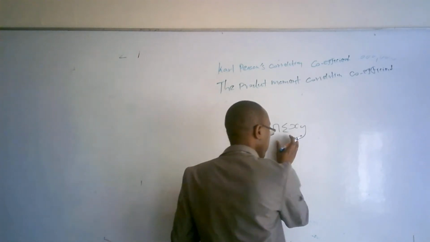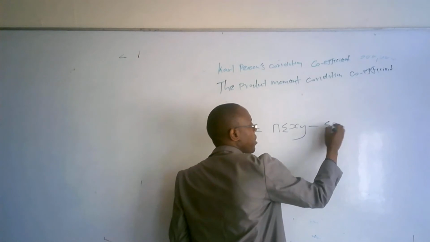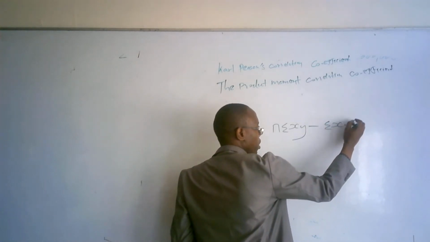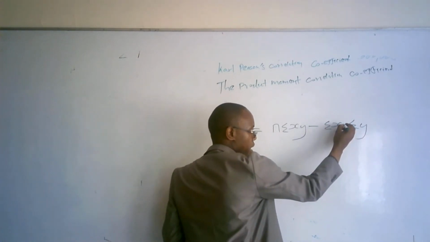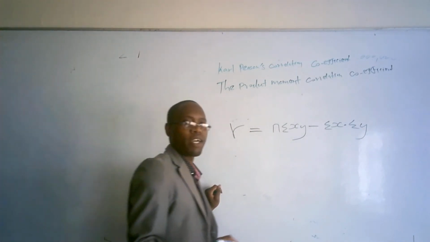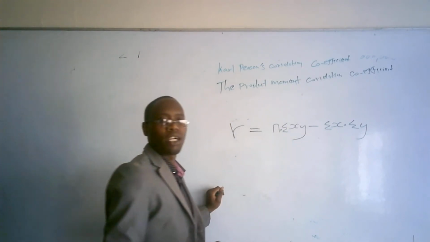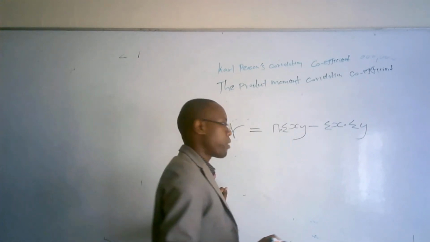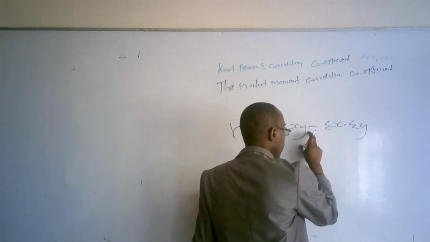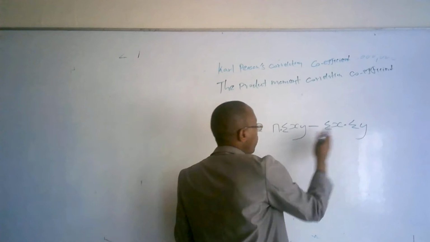So it's going to be n summation xy minus summation x summation y, where this dot signifies multiplication, and we have another dot here that also signifies multiplication.